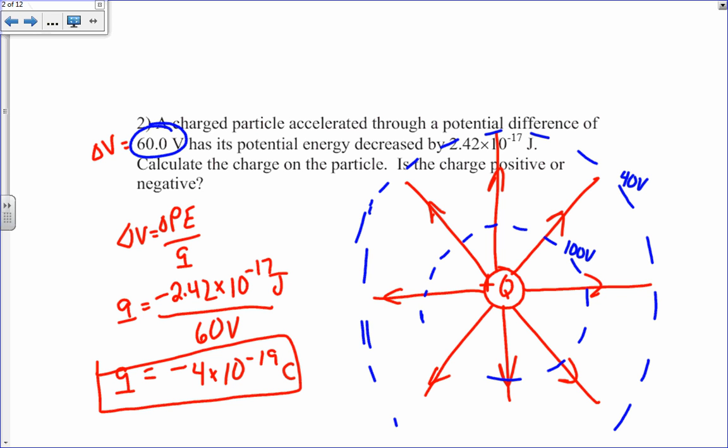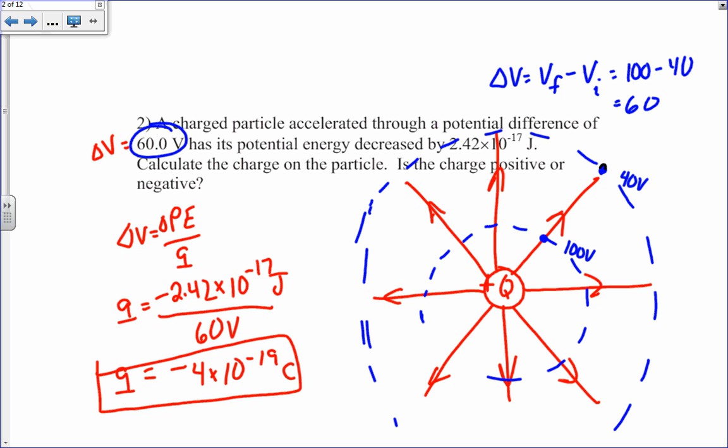Now, in order to have my potential energy decrease, I want to think about it. In order to have a change in potential of 60 volts, delta V is equal to VF minus VI. So that's going to be 100 minus 40, which gives me that positive 60. That means this is going to be my final position, and this is going to be my initial position.